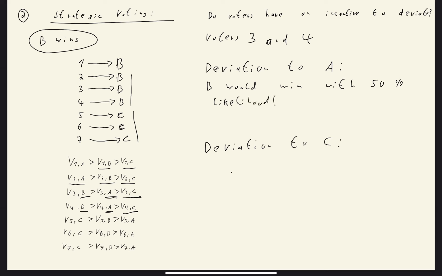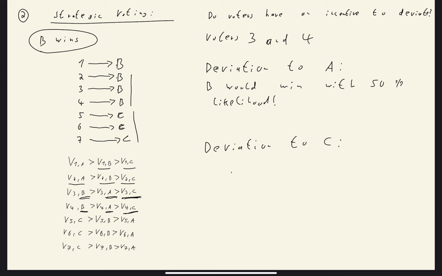And this is bad for them because then their most preferred candidate, candidate B, would only win with 50%, and their least preferred candidate, candidate C, would win with 50%. And if they wouldn't change their behavior, their most preferred candidate B would win with certainty.